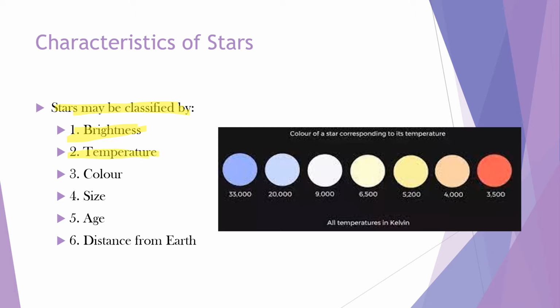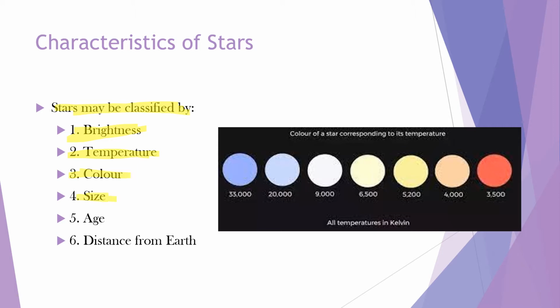Temperature of stars. Okay, some stars are hotter, some stars are cooler. Color of stars. Some stars are red, white, yellow, blue. Okay, a blue star has a higher temperature, is hotter, whereas a red star has a lower temperature, is cooler. Stars are of different sizes.